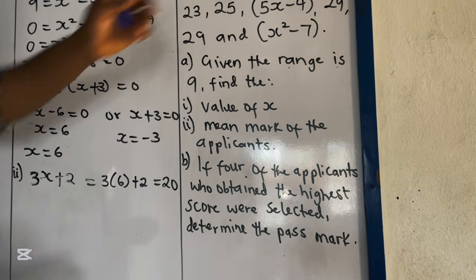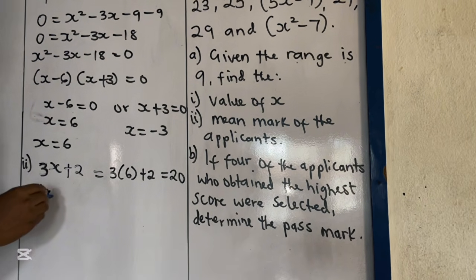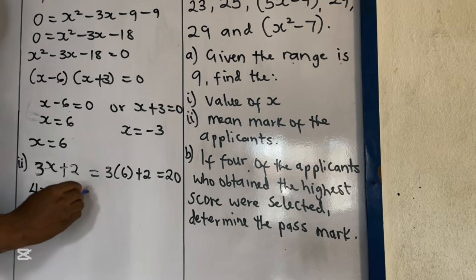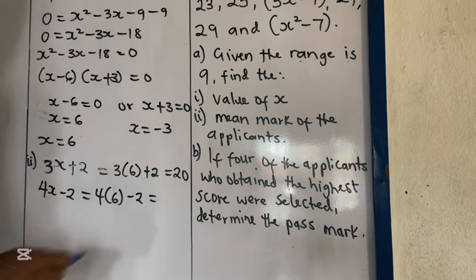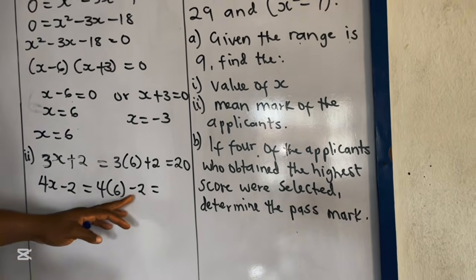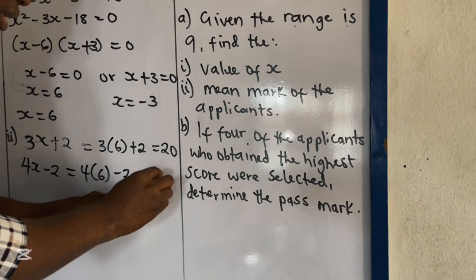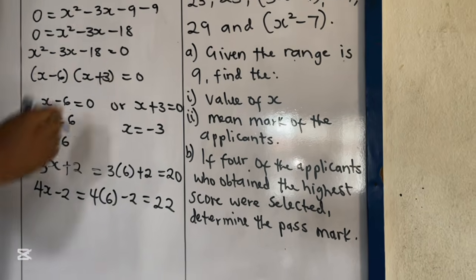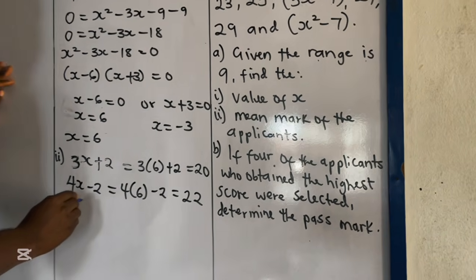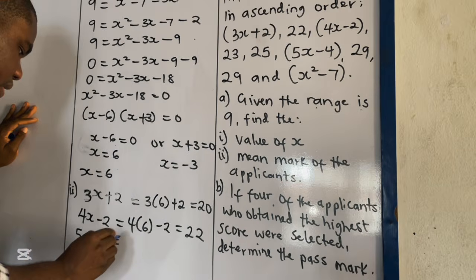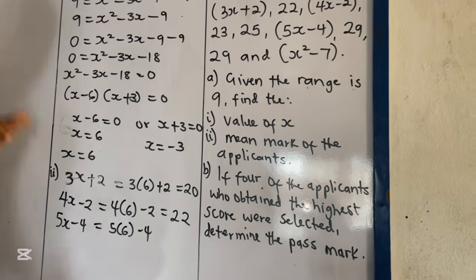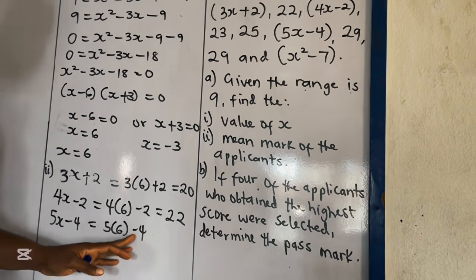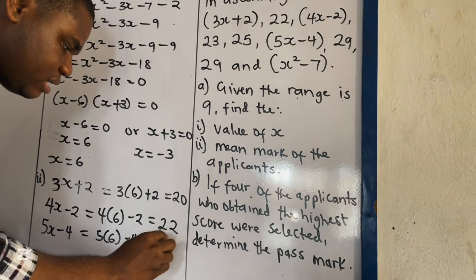The next one we have is 4x minus 2. So 4 times 6 gives me 24, minus 2 gives me 22. Next one we have is 5x minus 4. So 5 times 6 is 30, minus 4 gives me 26.